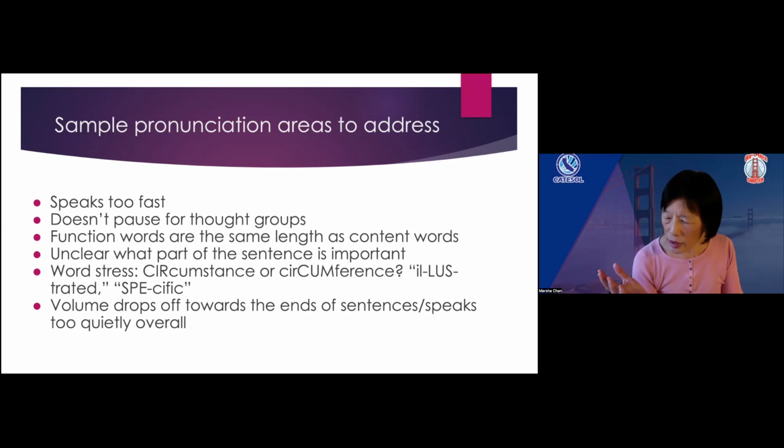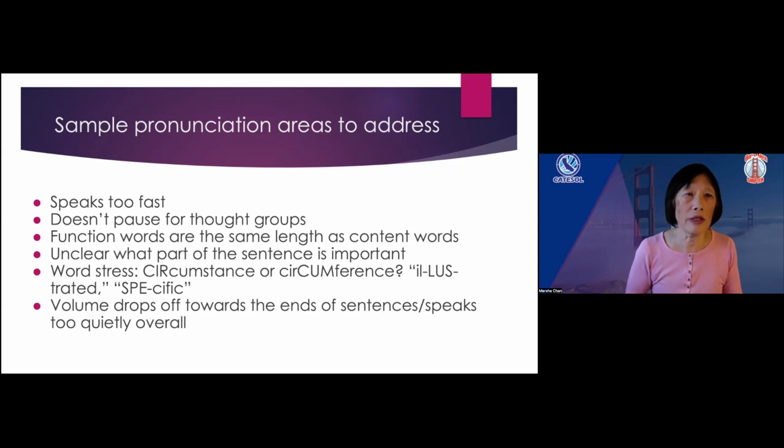Word stress, a very difficult thing for some people who either don't perceive all of the syllables in a multisyllabic word, or they pronounce them all the same, or they pronounce them with stress on the wrong syllable. So perhaps circumstance or circumference, which one did you say? I couldn't really guess from the context.